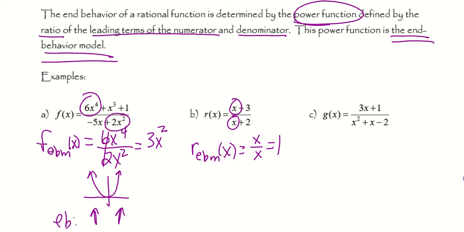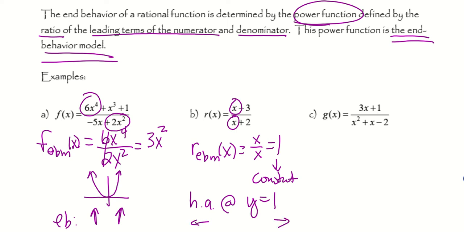But all this tells us is that if my end behavior model is a constant, then we have a horizontal asymptote at y equals 1. So my function will be approaching 1 on both ends.